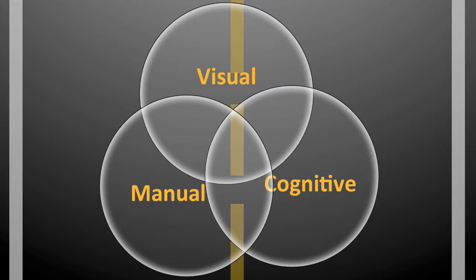Now, let's think back to those three categories of distractions and all of the examples of distracted driving that we just reviewed. Take a few seconds to see if you can decide where each distraction is located within this Venn diagram. What about eating or drinking? What about putting on the makeup or grooming?